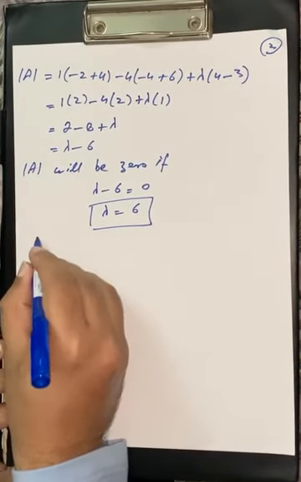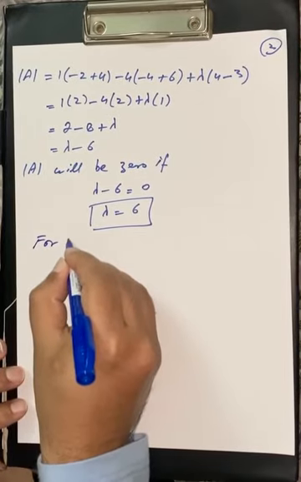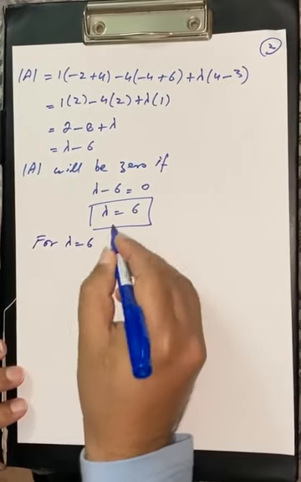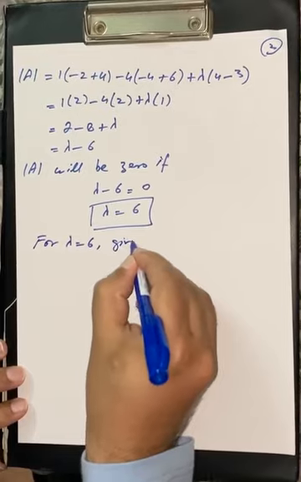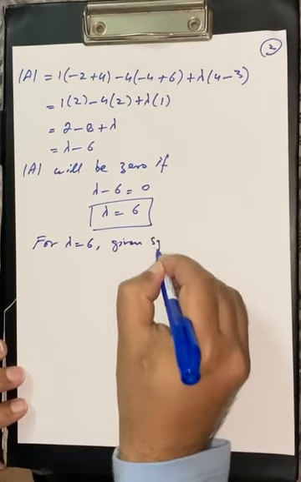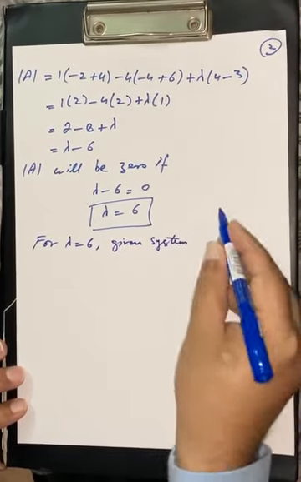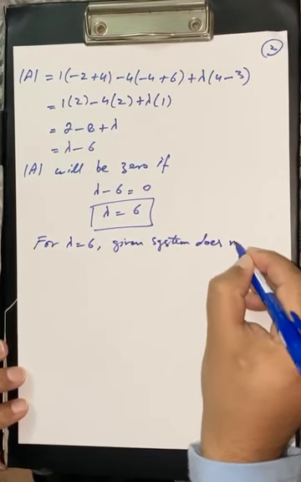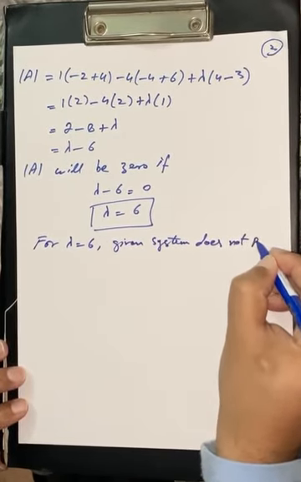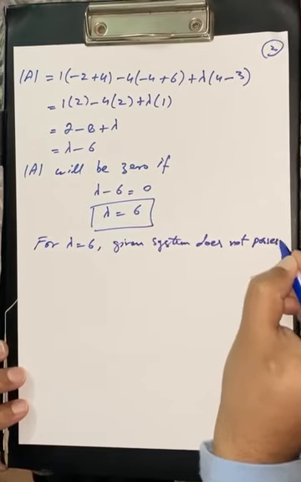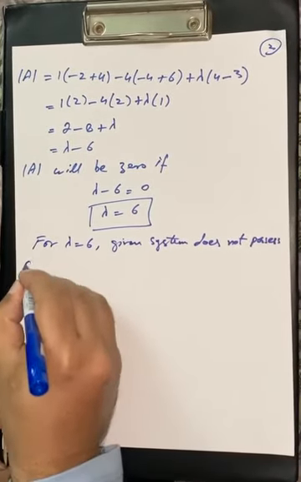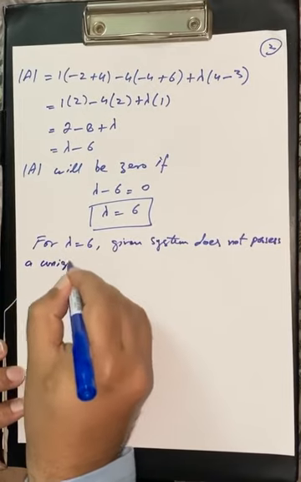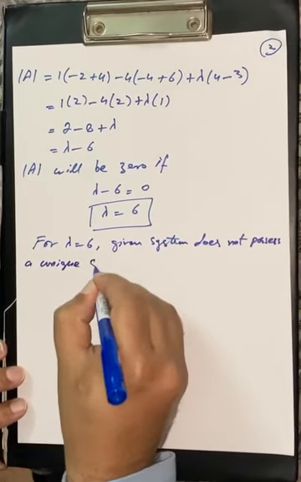For lambda equals 6, the given system does not possess a unique solution.